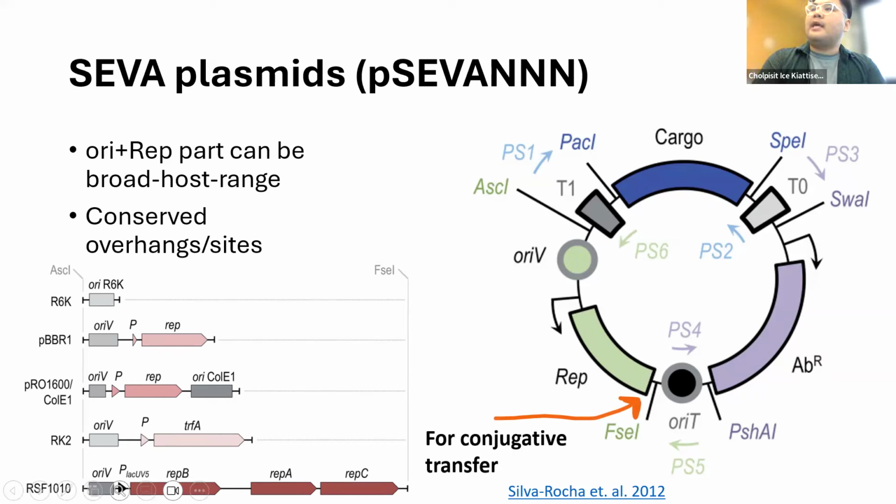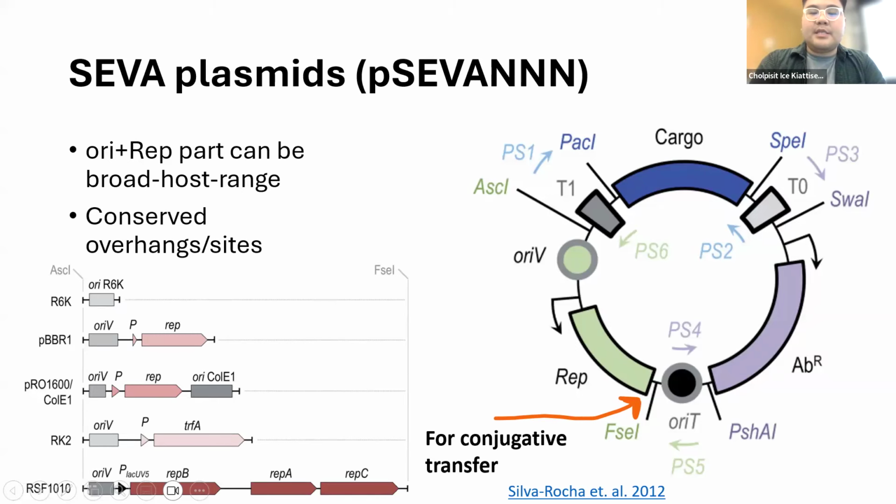One important thing for this SEVA system is that they take conjugative transfer into consideration as well, because when you're trying to transform DNA into a new organism, it could be hard to generate a new system that can transfer the DNA into the organism of interest. It was known in the past that conjugative transfer, or bacterial mating, is the process that gives you the highest efficiency and likelihood of being able to transform when you try it for the first time.